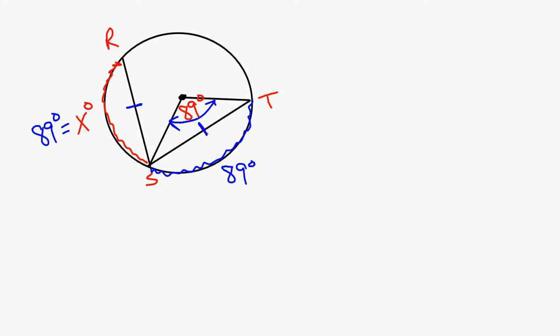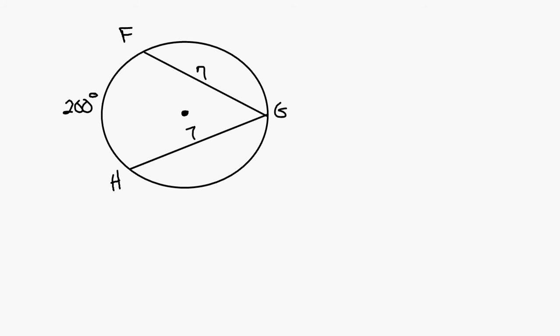Alright, take a look at this one. In this picture you are told that chord HG is equal to 7 and chord GF is equal to 7, and that this arc FH is 200 degrees, and you're asked to find this arc right here, HG.